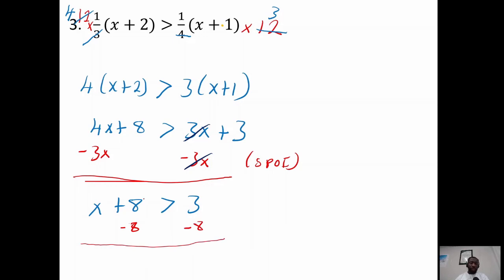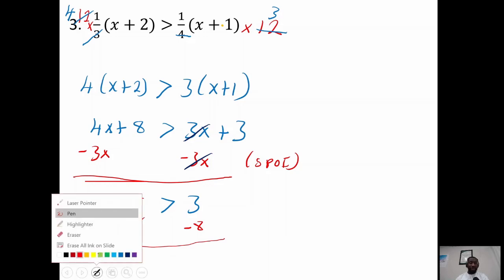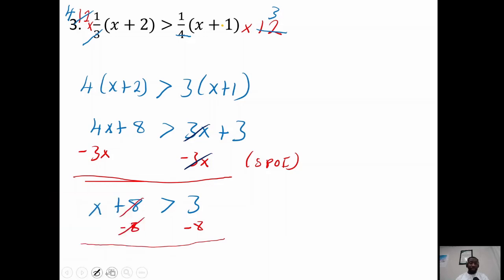So 8 is going to cross out 8. So I have my x by itself now, right? So now I have my x greater than 3 minus 8. I have negative 5. And that's it, I'm done. I have my solution to be x greater than negative 5.